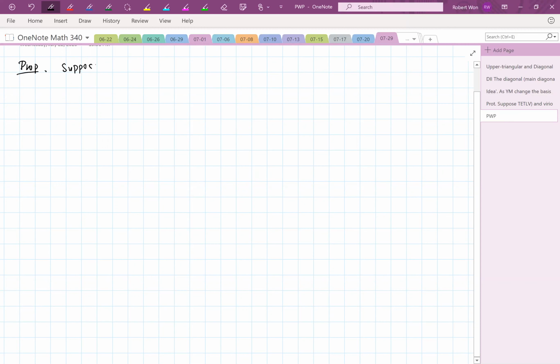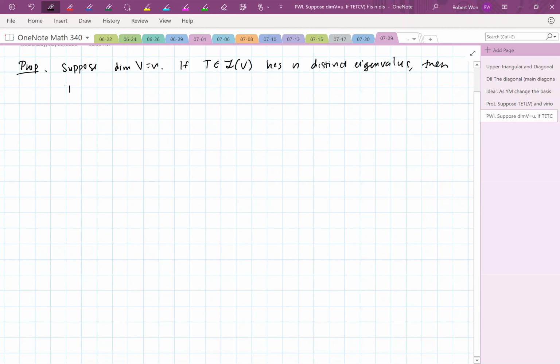Okay, of course, we can state now some easy results about when, or at least one easy result about when you know that a matrix or a linear operator is diagonalizable. It's a pretty quick proof. Okay, so suppose that V is a vector space of dimension n, then if T has n distinct eigenvalues, then T is diagonalizable. So maybe I'll just say the proof. It's like 3 sentences in the notes.